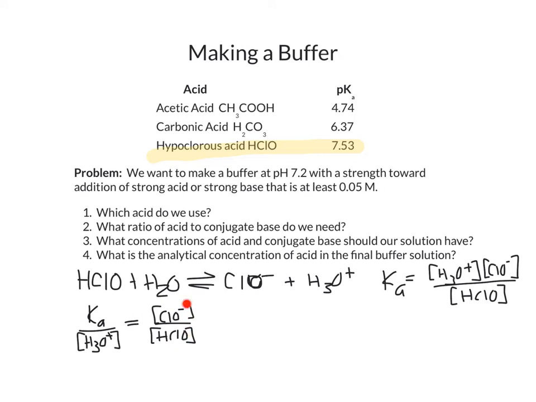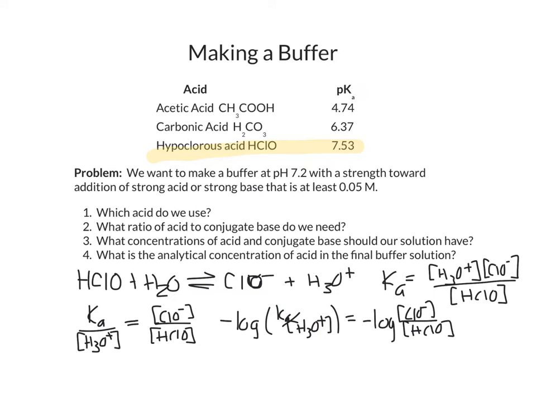[H3O+] is equal to the conjugate base concentration divided by the conjugate acid concentration, or the ratio of conjugate base to conjugate acid. Notice that if I take minus the log of both sides of this equation, I will get the following. Remember that minus the log of one quantity divided by another quantity is the log of the top minus the log of the bottom.